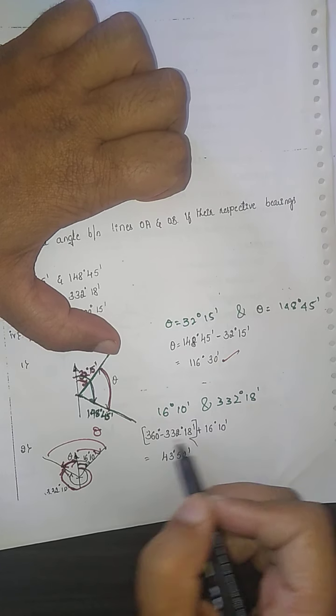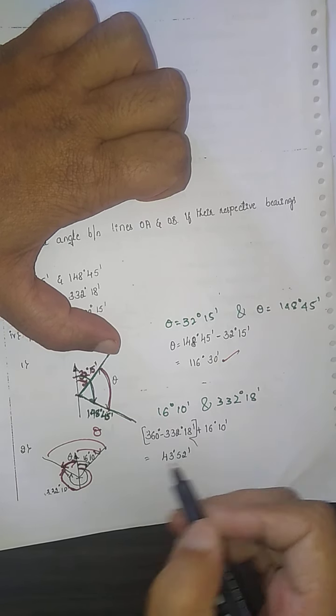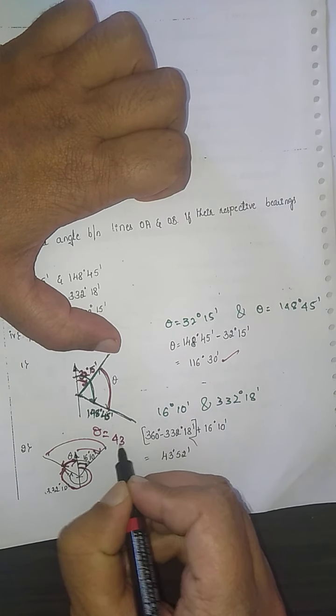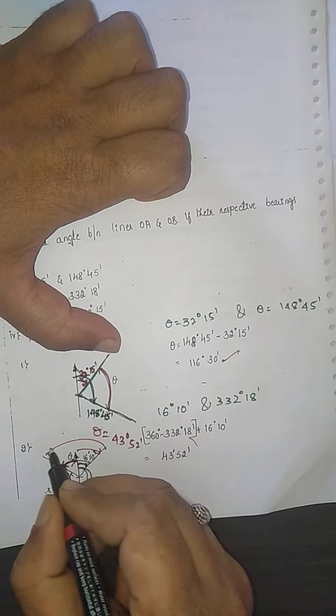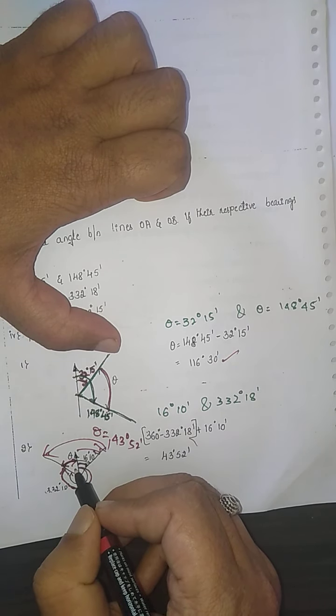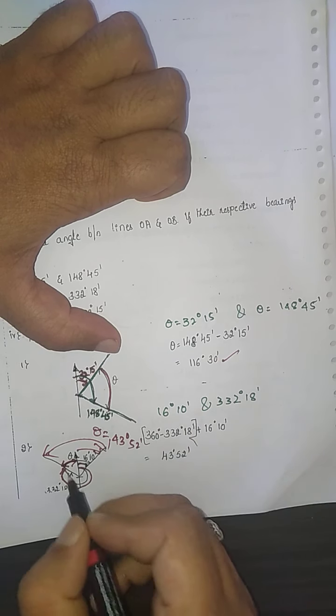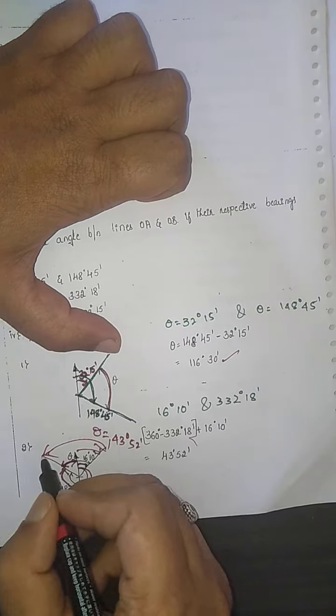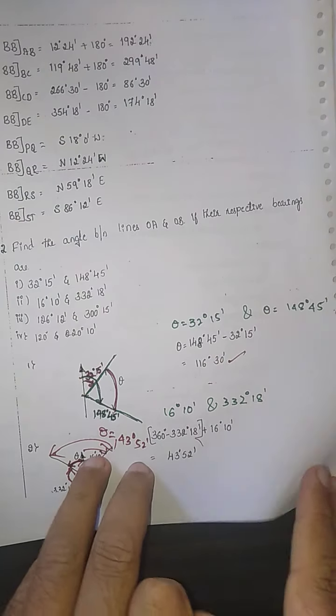So you are going to get 43 degrees 52 minutes. This is nothing but 43 degrees 52 minutes, this particular angle, because 360 minus 332 you get this, and then again here it is 16 degrees 10 minutes. So this is nothing but your included angle.